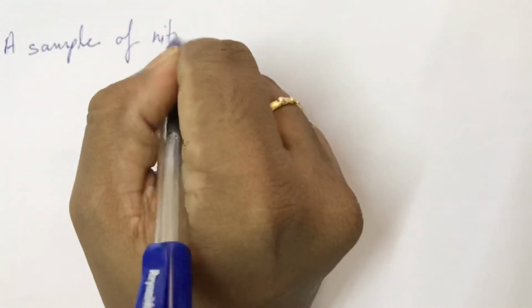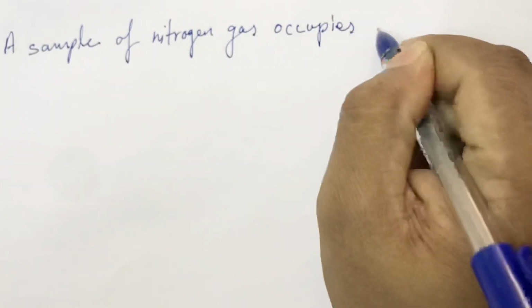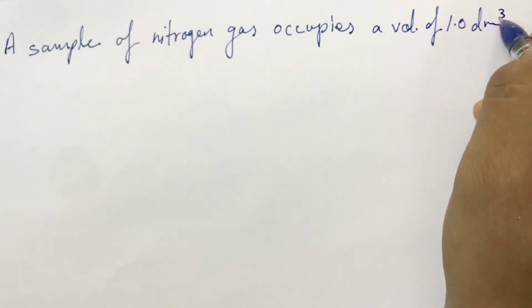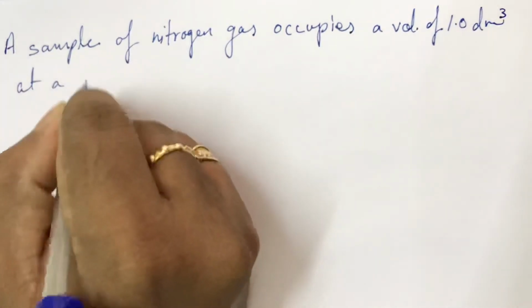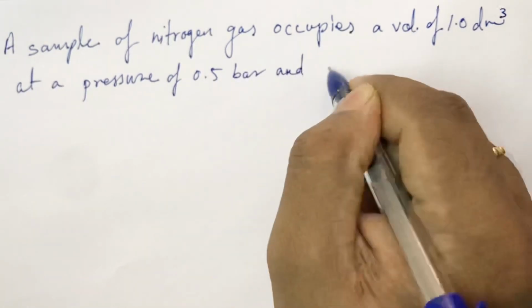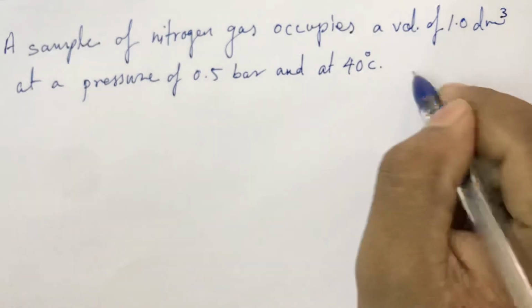Next we have a sample of nitrogen gas that occupies a volume of 1.0 dm cube at a pressure of 0.5 bar and at 40 degrees Celsius.